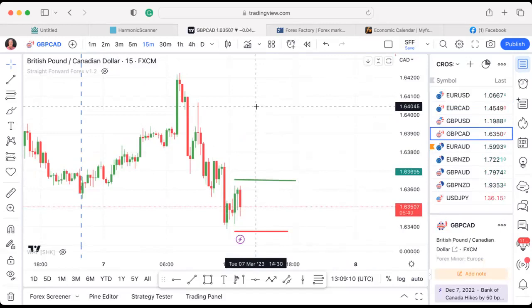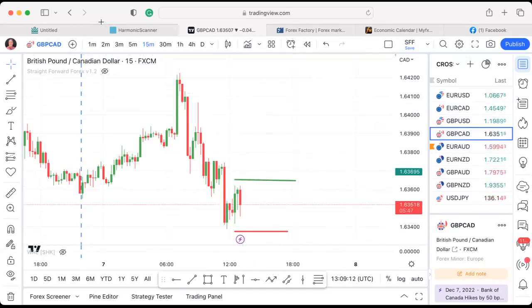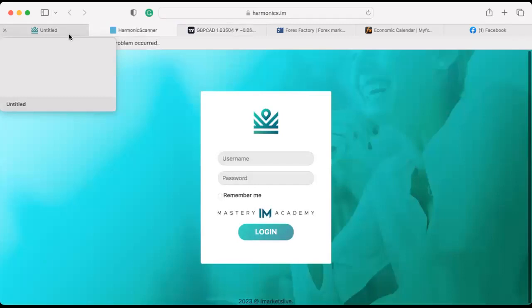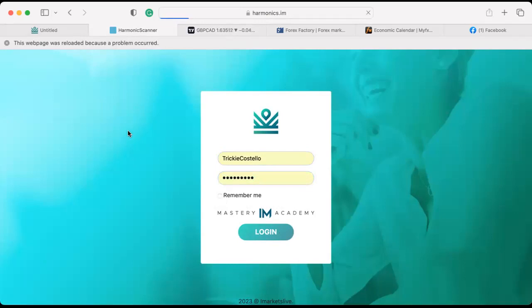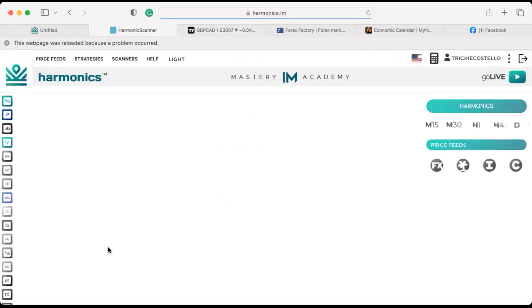Now, just as an additional, just need to move this out of the way, bear with me. I noticed before I came on, I looked at the harmonic scanner and for some reason it's logged me out.